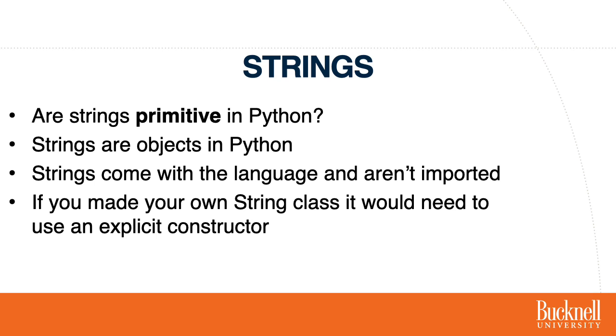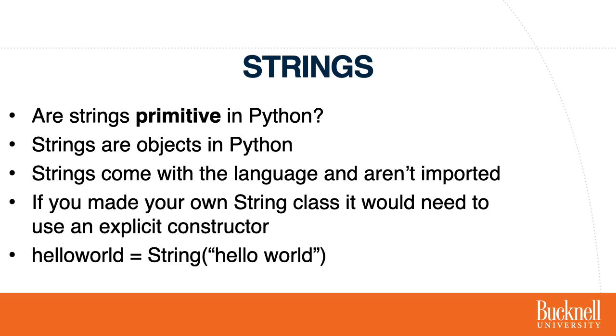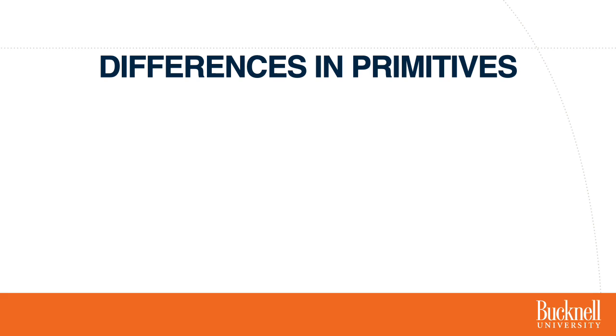And if you made your own string class, it would need to use an explicit constructor, like hello_world equals String("hello world"). Whereas in Python, you don't do that. You just go hello_world equals "hello world". This suggests that even though they are objects, strings are importantly primitive to Python.